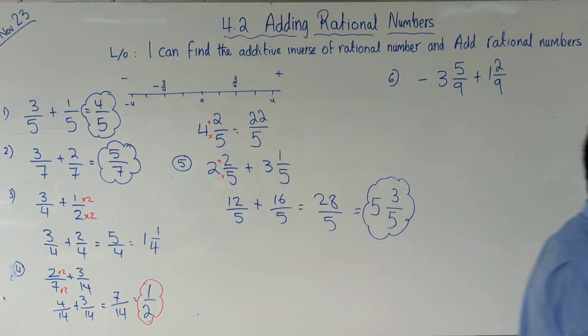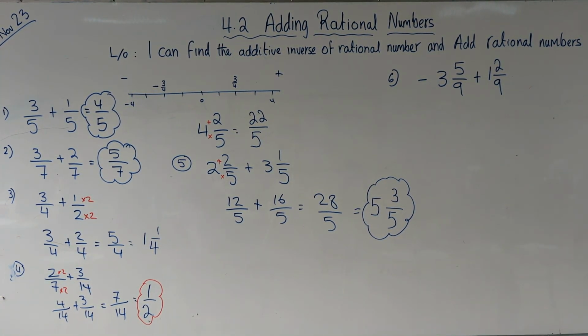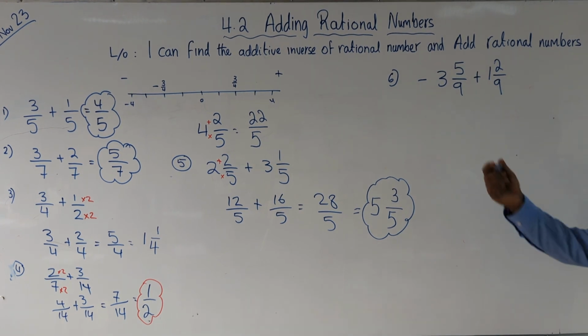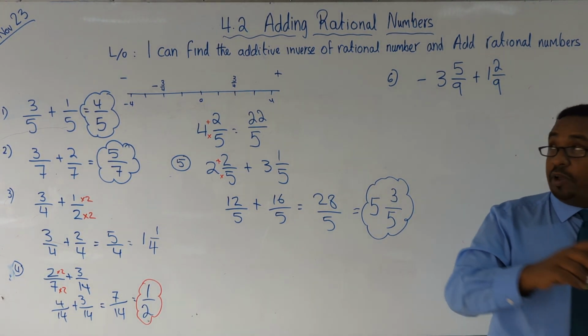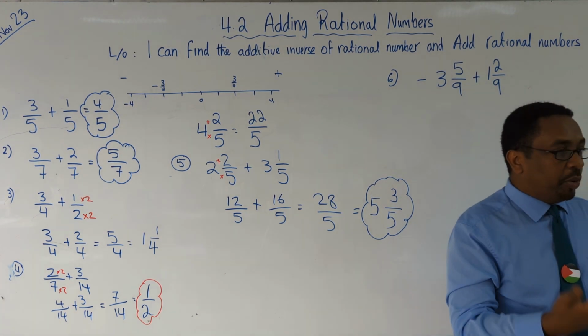You didn't get it yet? Okay, so let's go through that. Negative, yes, well done, over 9. I am so impressed with that. So let's do this together. Mister, I got 22 over 9, negative. Yeah, because one of them is negative. Okay, shall we do it together?